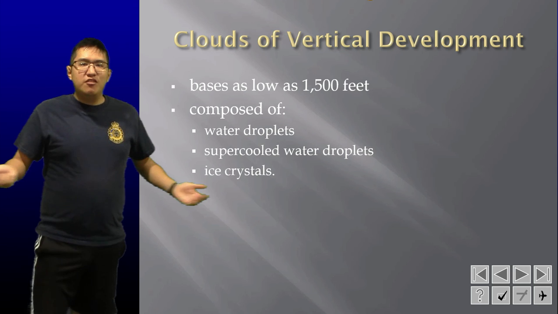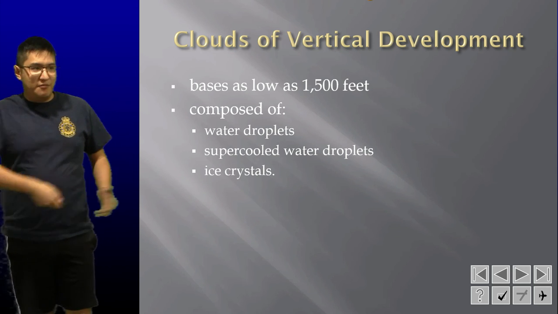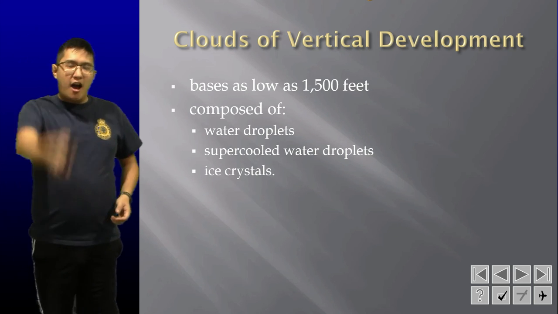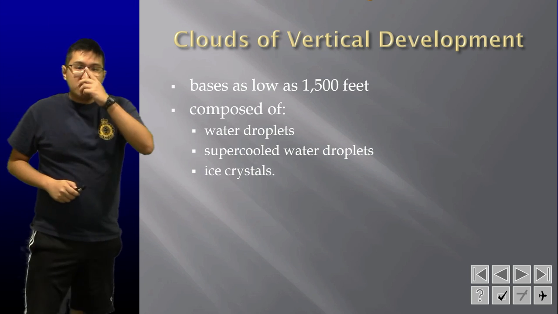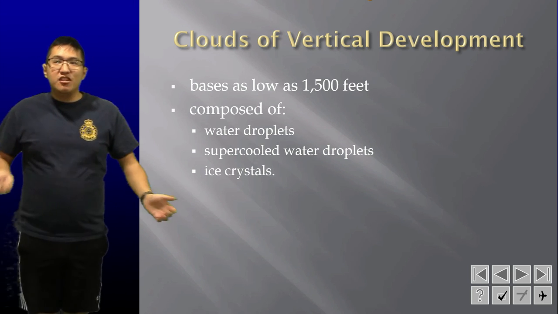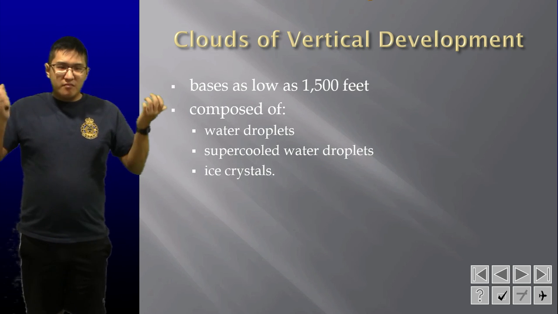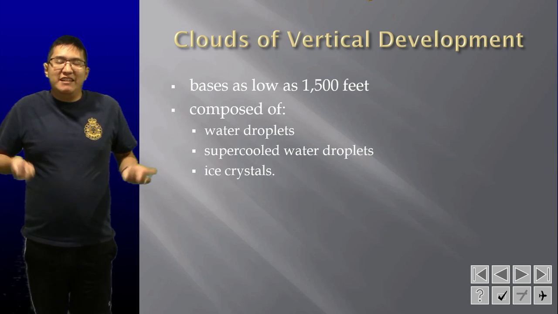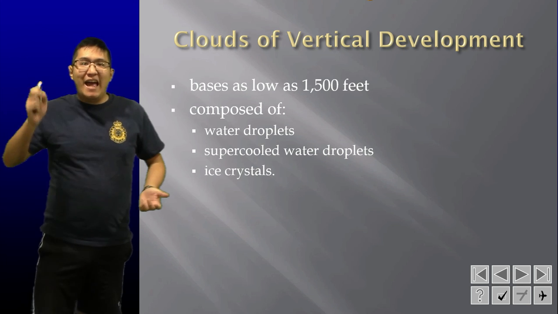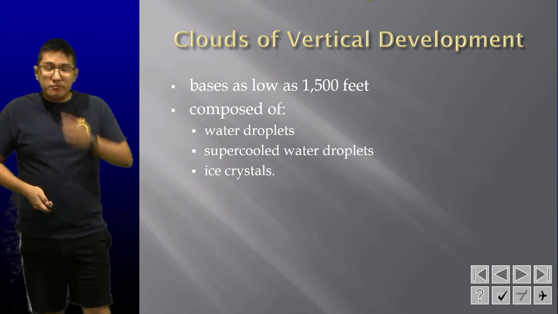Alright, so clouds of vertical development, again, their bases can be as low as 1,500 feet, and as we just saw, they can go all the way up to the stratosphere. They are composed of water droplets, supercooled water droplets, and ice crystals. What supercooled water droplets are is, they look like water droplets. They really look like water droplets, but as soon as they hit your aircraft, they immediately freeze.